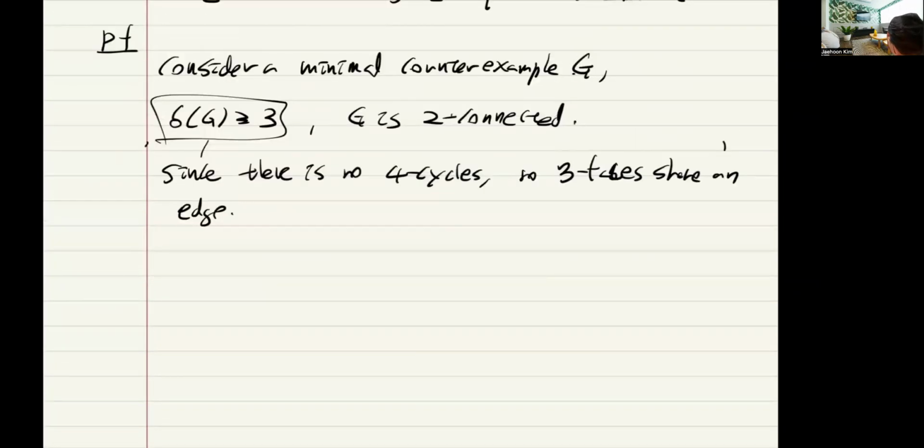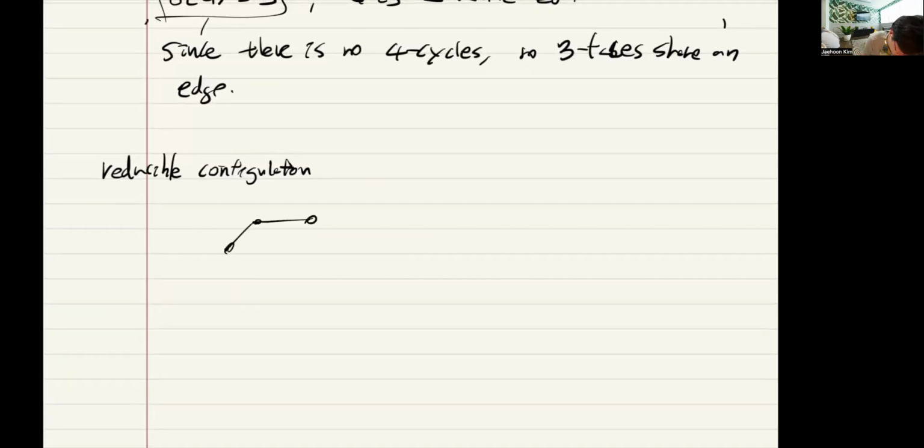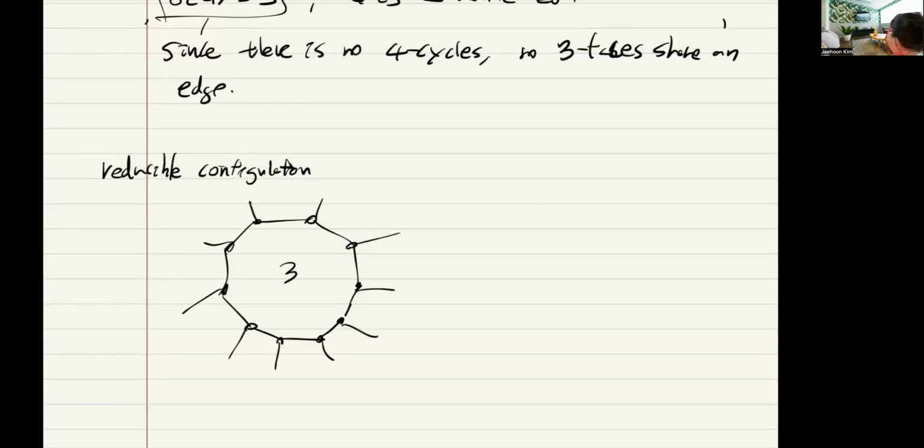So our reducible configuration is a cycle of length 10, which has all vertices of degree 3.